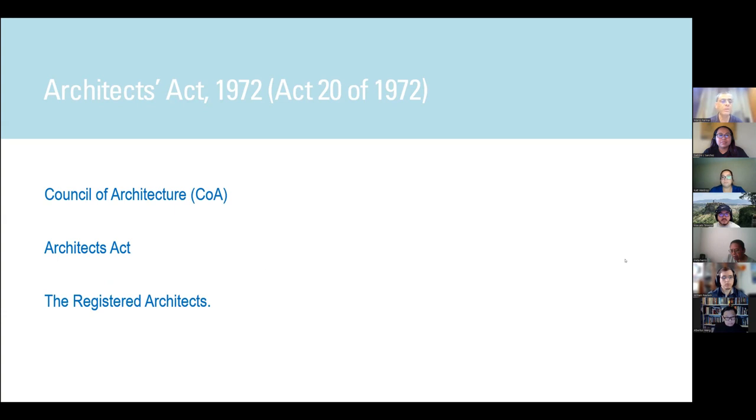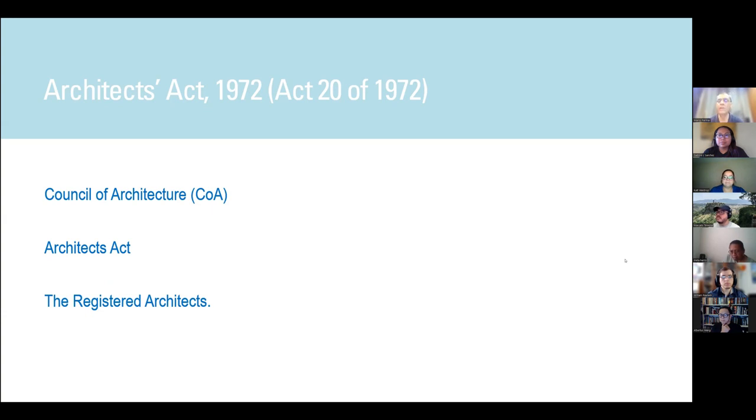In 1972, Council of Architecture was formed by an Act of Parliament as a governing body for registering architects. If you call yourself an architect in India, it means that you are registered with Council of Architecture. The Architects Act defines an architect as a person whose name is for the time being entered in the register.